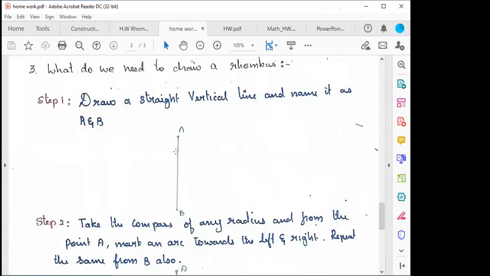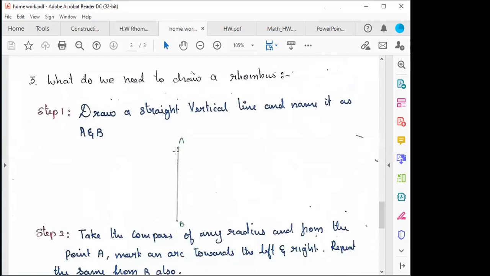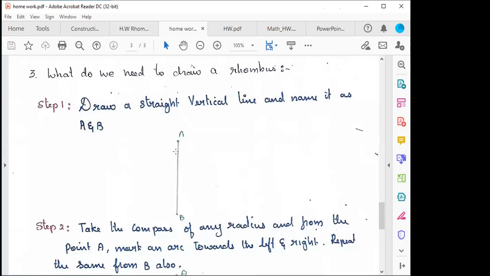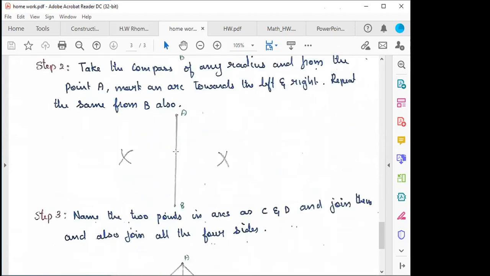Rhombus. What do we need? Here the steps are given, but the criteria to draw the rhombus, what is given, has not been mentioned, and that needs to be mentioned. From the construction, one can make out that this is again where two diagonals have been given.